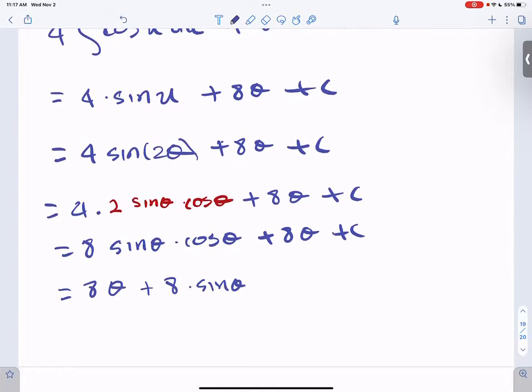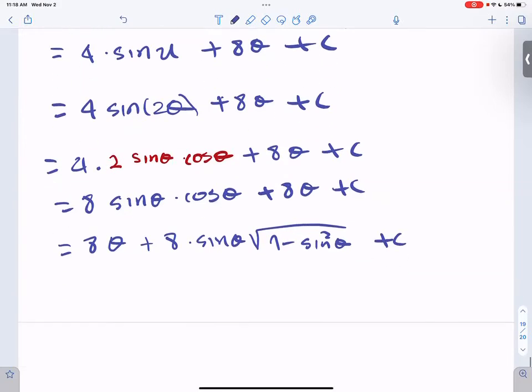I'm going to write everything in terms of sine, where cosine is the square root of 1 minus the sine squared of theta, plus C.